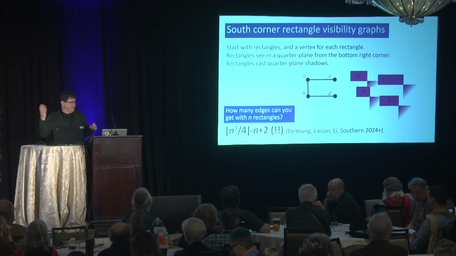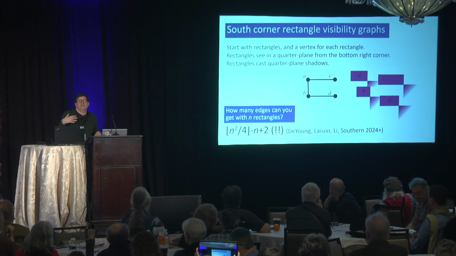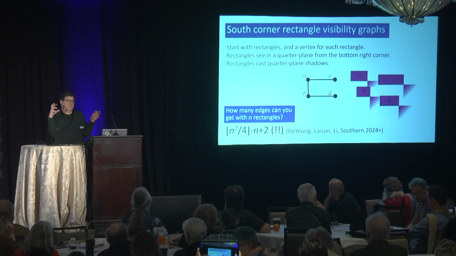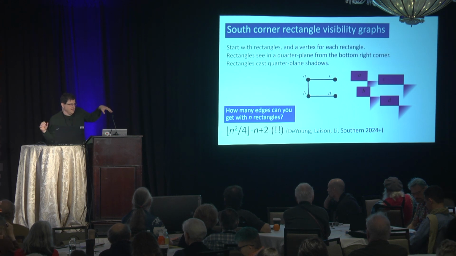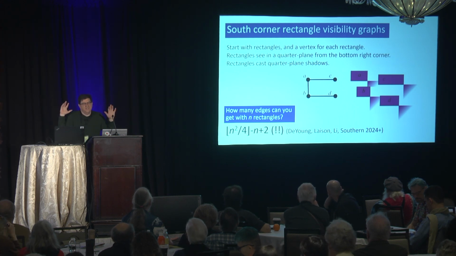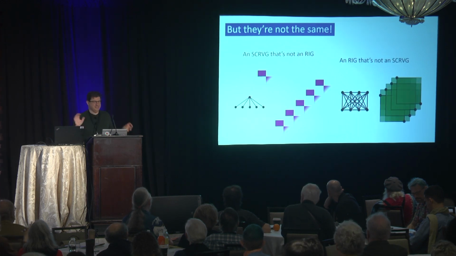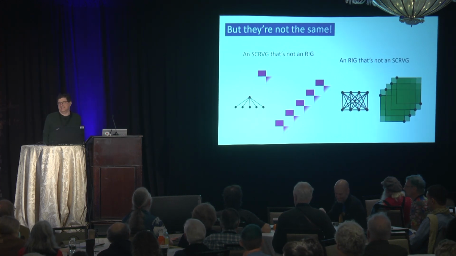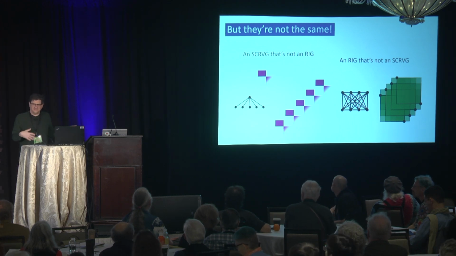And now you're thinking, well, there must be some sneaky reason why these two ways of envisioning rectangles seeing each other versus rectangles with corners must be the same things. But no, they're not, because, ta-da! Here's examples where they're different.